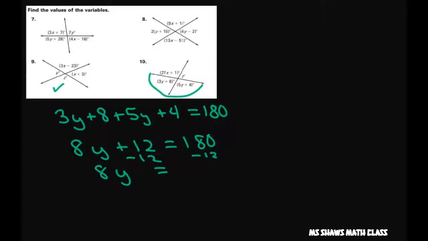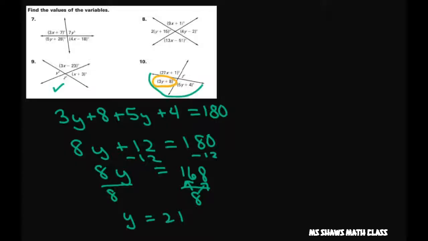And that's going to be 180 minus 12 gives you 168. And then divide both sides by 8. And you get y equals 21, because 8 goes into 16 twice and 8 goes into 8 once.